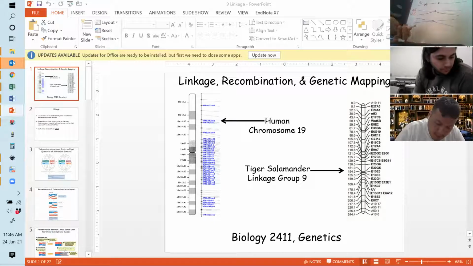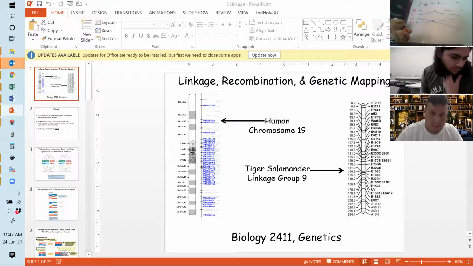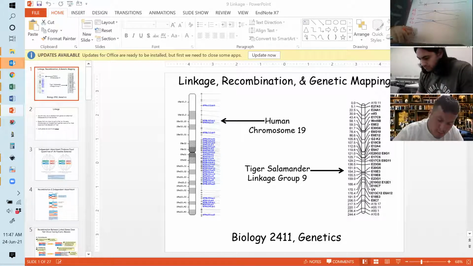Now, the other chromosome has to be the opposite alleles, so we have a heterozygous individual. These are called the parental chromosomes.